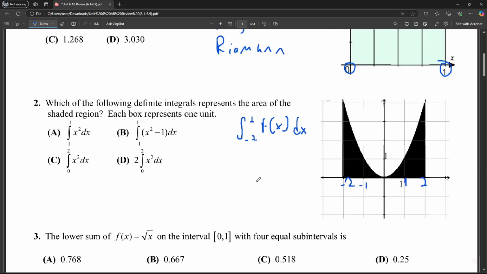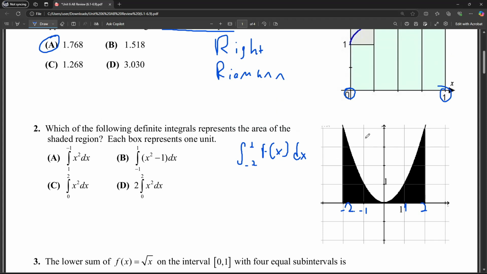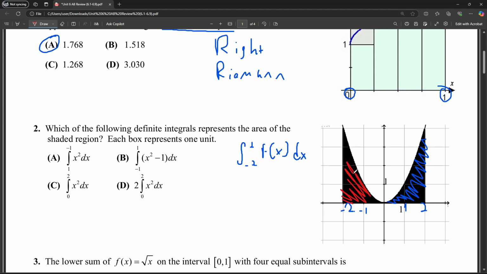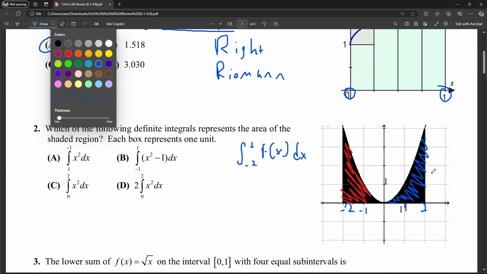What I see is that if I do the integral from 0 to 2, it's like some area. But then if I do from -2 to 2, it's that area times 2. So it's really just multiplying this blue area times 2.